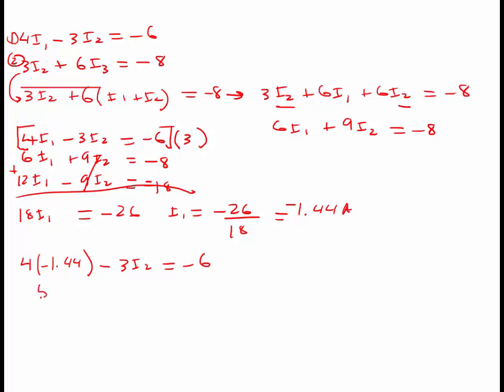So I have negative 5.76 minus 3I2 is equal to negative 6, and then bring that to the other side.